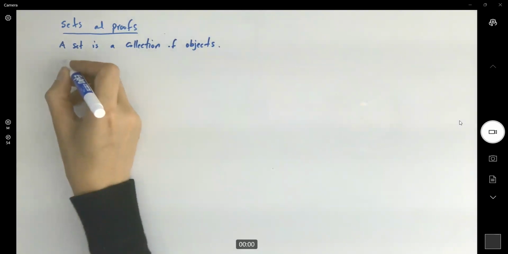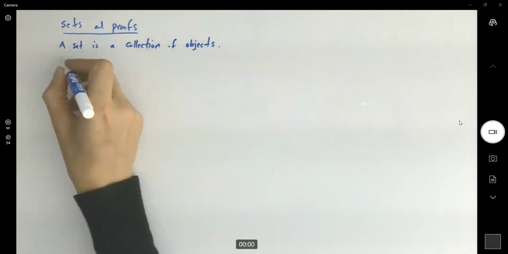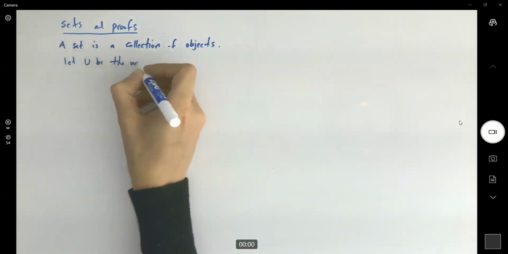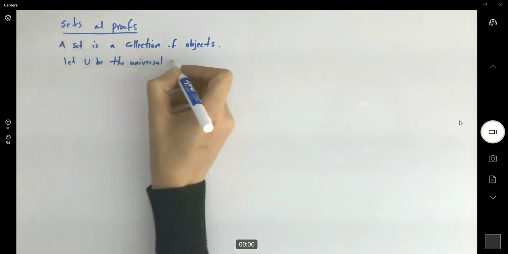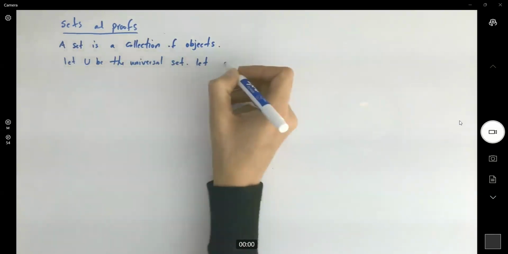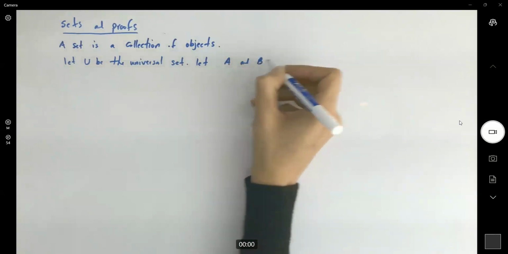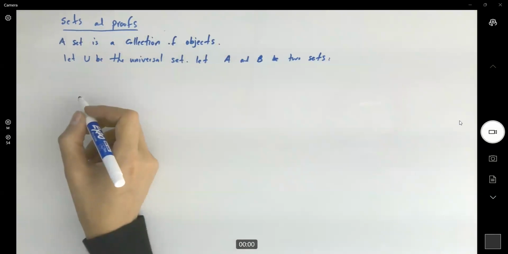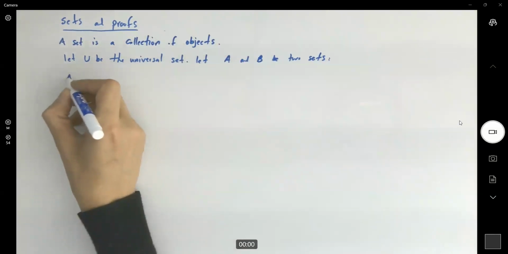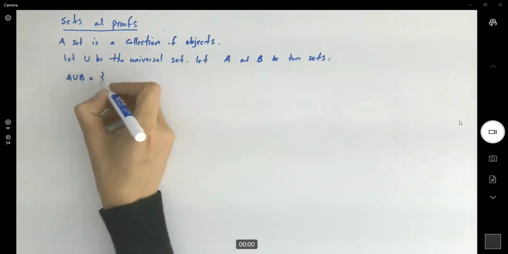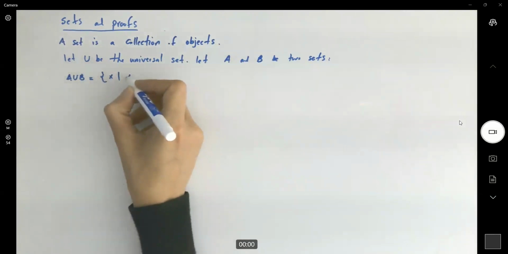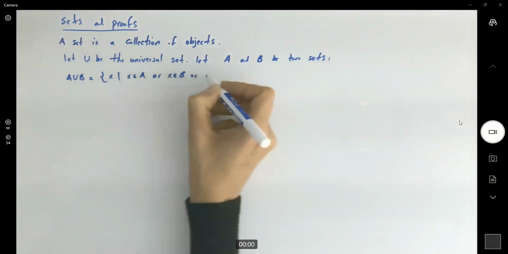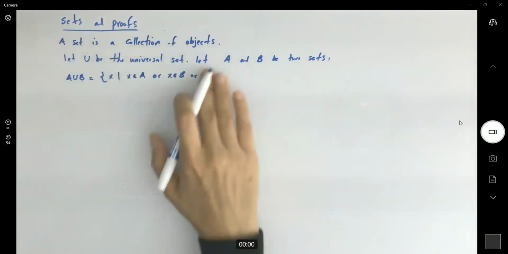We said that we can form the union between sets. Let U be the universal set. Let A and B be two sets. Remember that the operations that we introduced were union, which is defined as the set of all elements X such that X is in A, or X is in B, or X belongs to both of them.